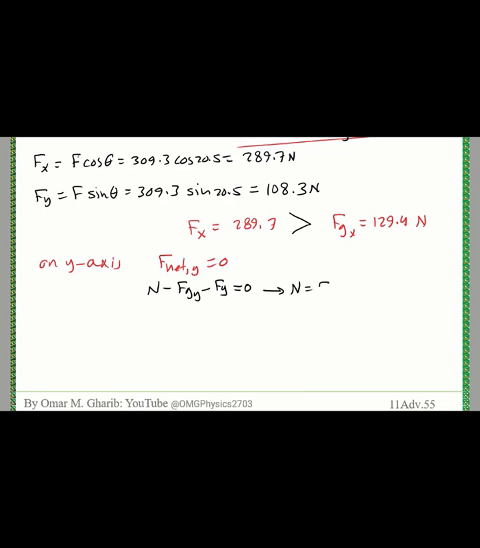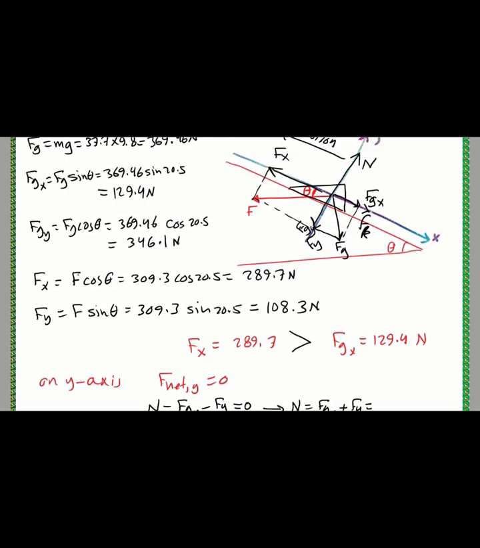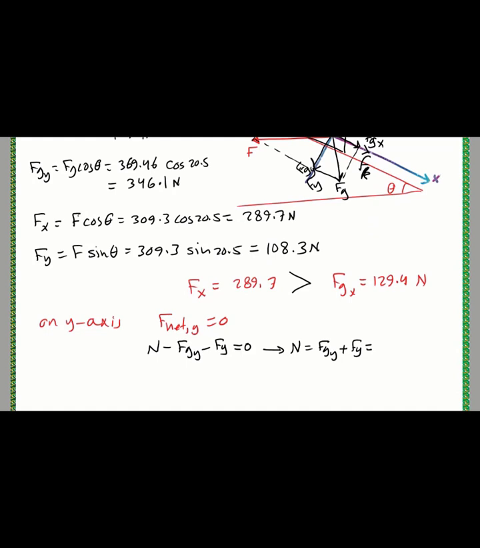Then N equals Fgy plus Fy. Fgy is 346.1. Fy is 108.3. So the answer is 464.4.